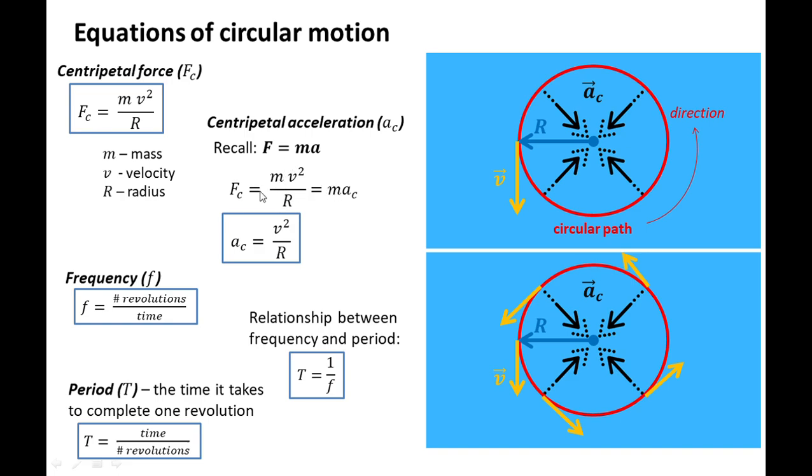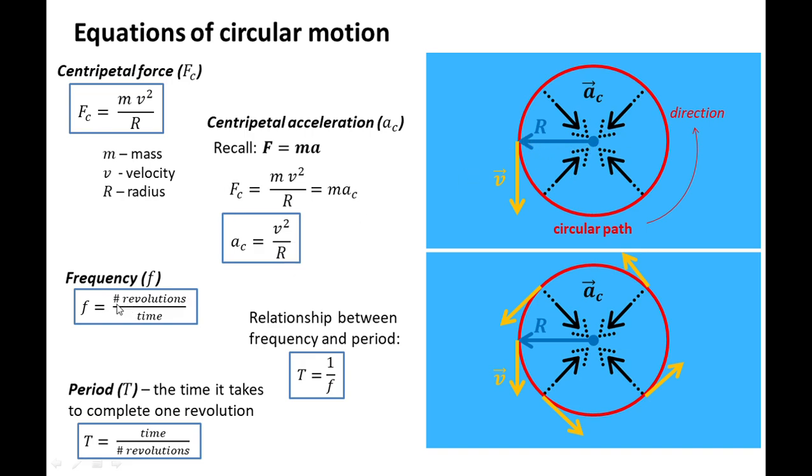So we can cancel out m, and we are left with the square of the velocity divided by the radius. So you can calculate the centripetal acceleration by getting the square of the instantaneous velocity, divided by the radius of the circular path.